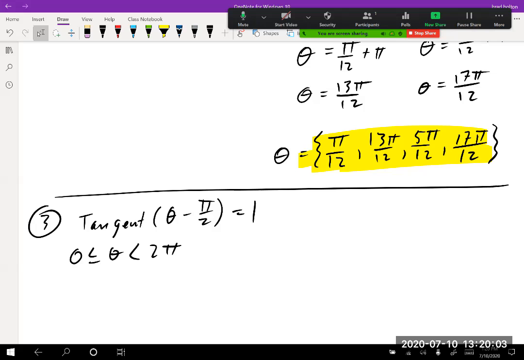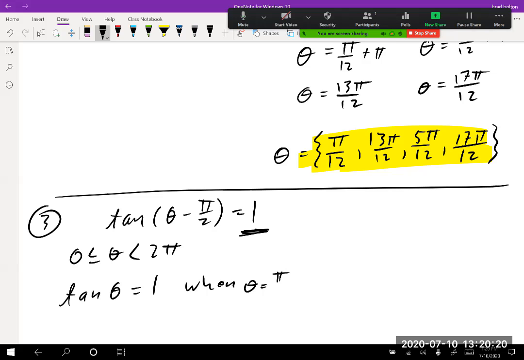What I'm going to do is, we know, when would tangent equal 1? We know that tan of regular theta would equal 1 when theta equals pi over 4 and 5 pi over 4, right?